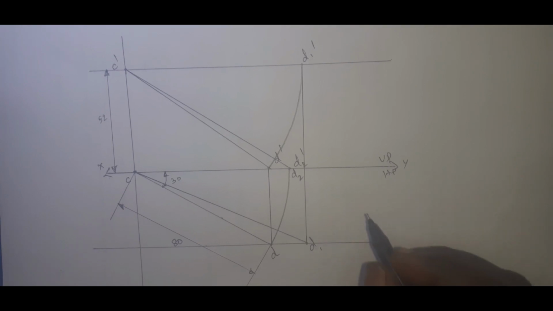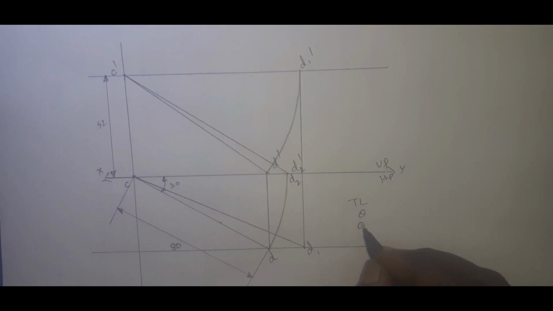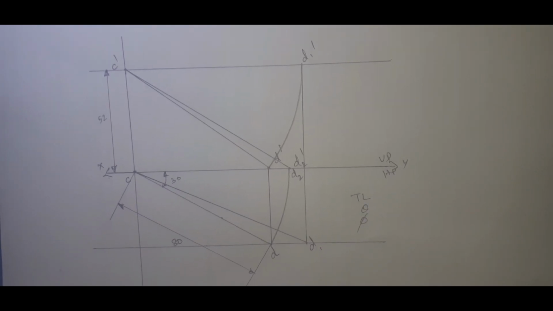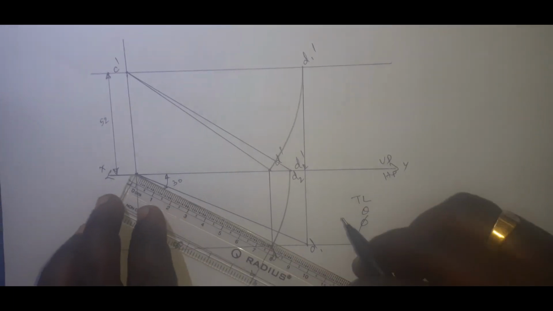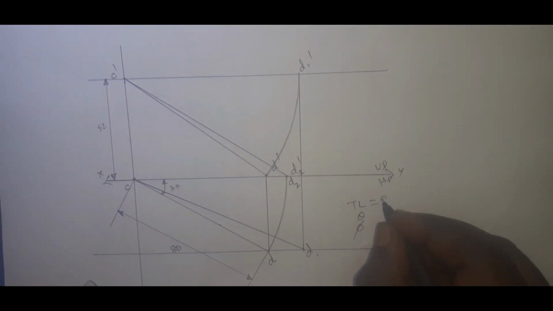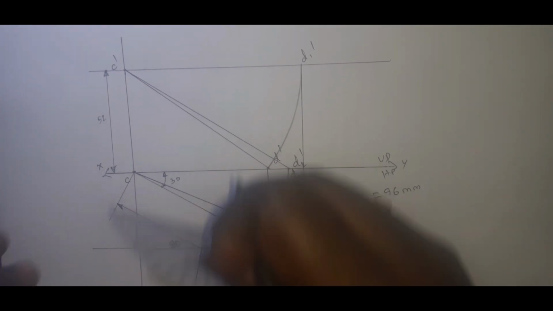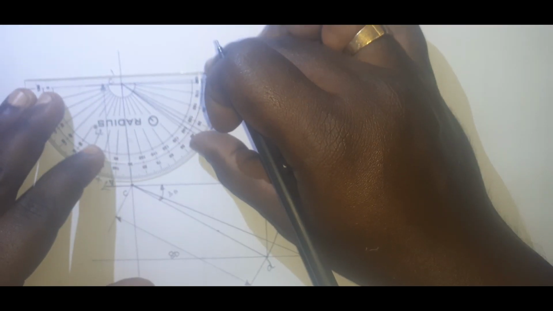And next thing is we need to measure the true length and the true inclinations theta and phi. So how to measure it: here already we measured, true length is 96 mm, and taking your protractor, keep it here.